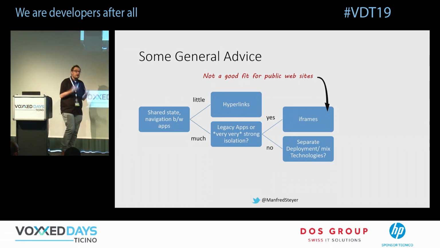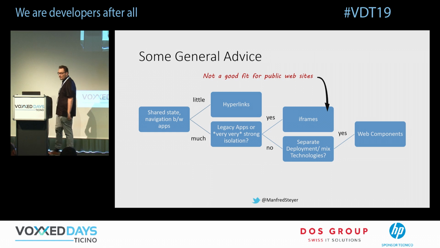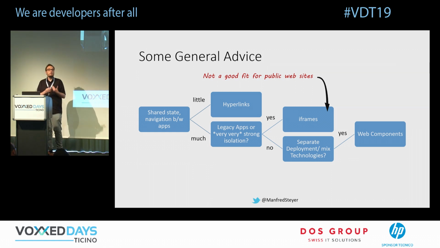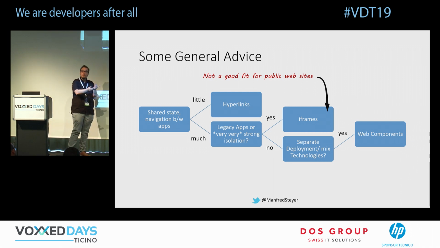When you say yes, I need a separate deployment or a mix of technologies, then go with web components, or at least bootstrap different applications. Those applications can consist of web components, as shown before, or they can just be ordinary Angular, Vue, React applications. Regardless of this, always use Shadow DOM to isolate your styles.